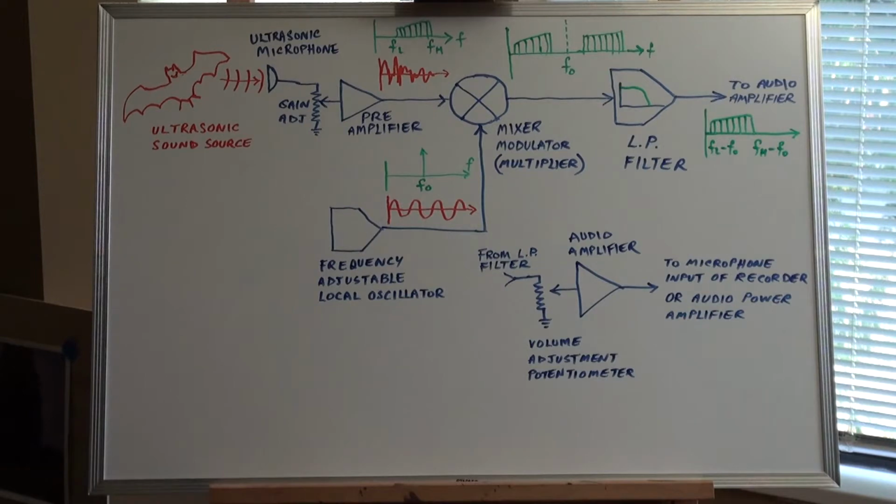And the local oscillator frequency falls right in the geometric center of these two. These are called, in the radio lingo, sidebands, upper sideband and the lower sideband. The one of interest to us will be the lower sideband because it's where all the audible frequencies are contained.